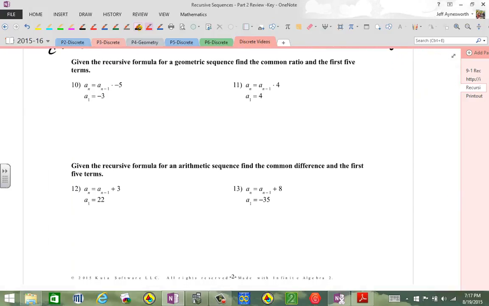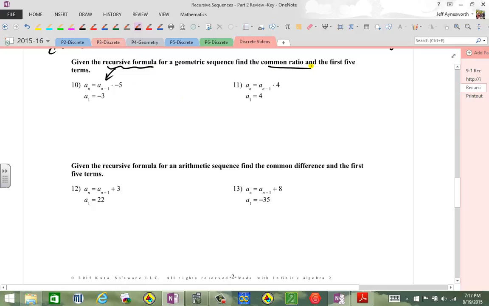Almost done. Okay, last few. Given the recursive formula, all right, that's this right here. Find the common ratio and the first 5 terms. The first 5 terms. So here we go. Common ratio right here is negative 5. So that's r right there. R equals negative 5. And I know that because right here there's a times symbol.